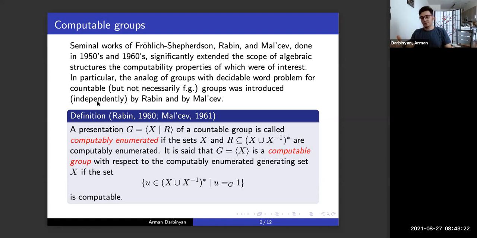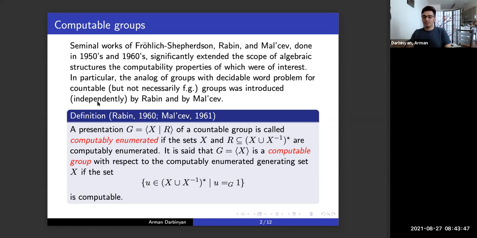Once you describe the table of multiplication of the group, where the group elements are represented by their numbers, their indices, then this table of multiplication should be a computable table. Once this happens, we say that the group is computable with respect to the given enumeration.